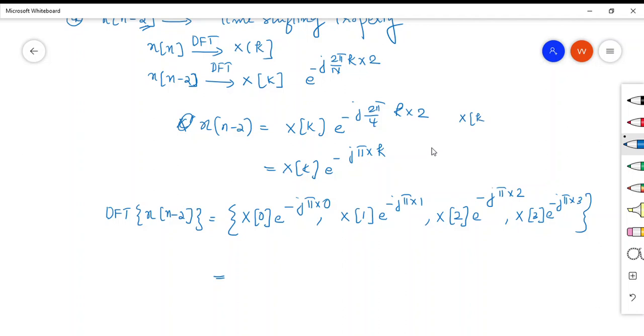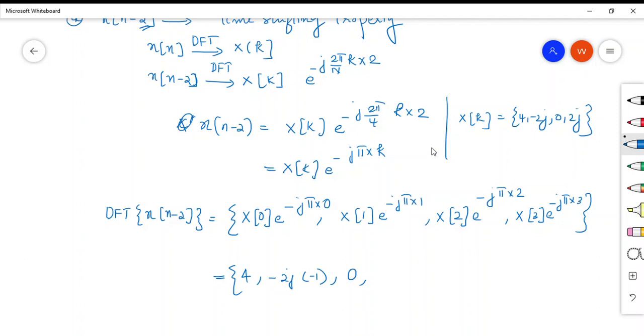Now what is X of 0? The sequence X of k is 4, minus 2j, 0, 2j. So X of 0 is 4. 4 into e raised to 0, which is 1, gives 4. Then X of 1 is minus 2j into e raised to minus j pi, that will be minus 1, giving 2j. Then the third term X of 2 e raised to minus j pi into 2, the third term is 0, so that becomes 0.